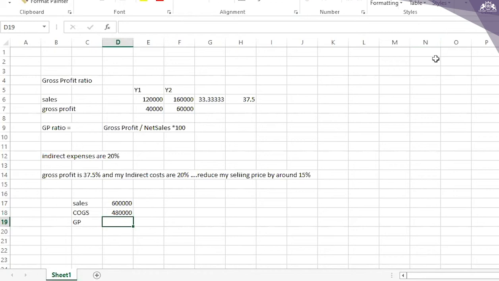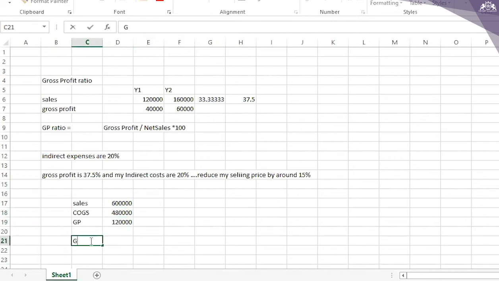Vishal, you tell me. Yes, 1,20,000. 6 lakhs minus cost of goods sold, gross profit.